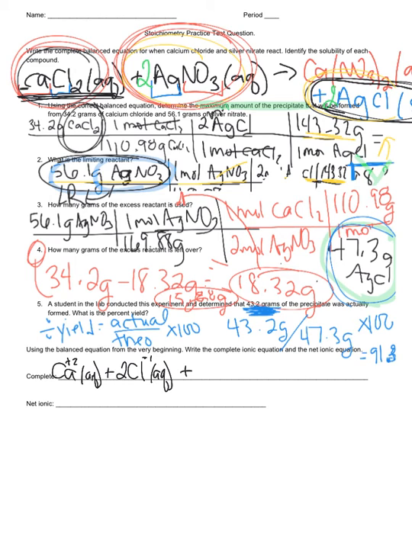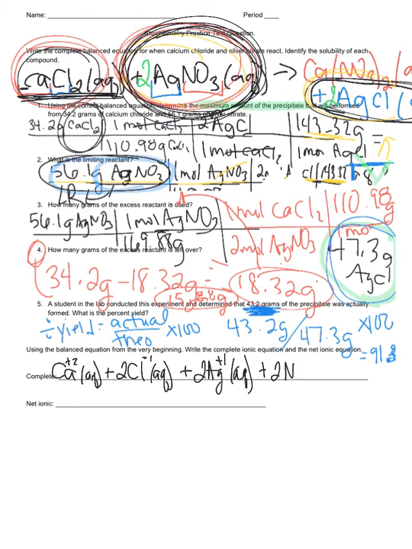Plus your AgNO3 way up here. There's 2 Ags. They're +1, and it was aq. Plus 2 NO3s. Each one is a -1, and it's also aq. Arrow. Go ahead and put your arrow. Okay, I'm going to continue this down here, and then I'll show you net ionic in a minute. Ca(NO3)2 up here is aq.